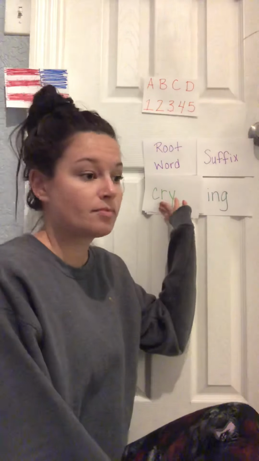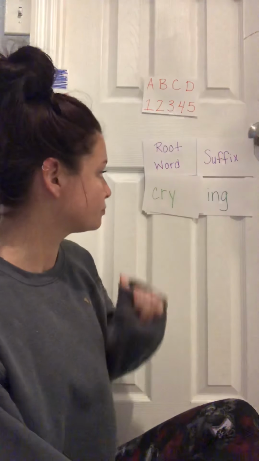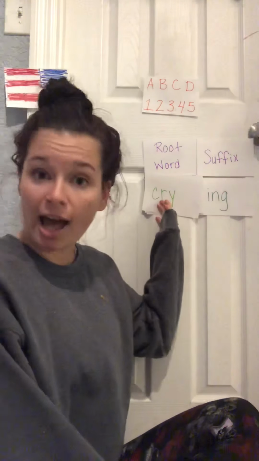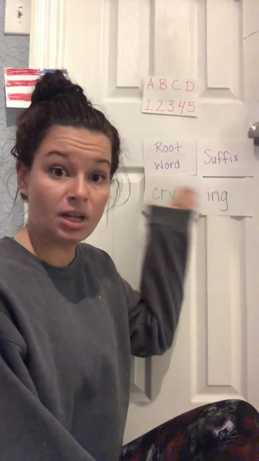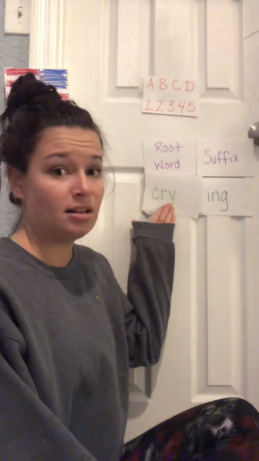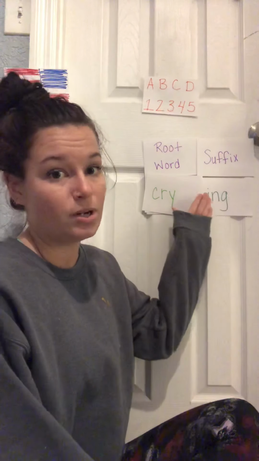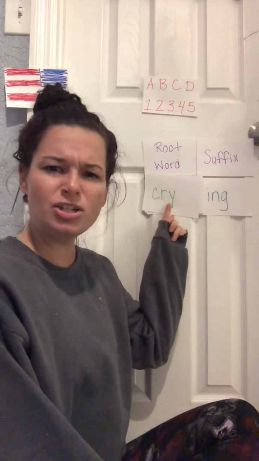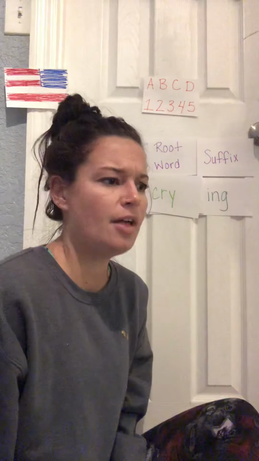I don't want to see my students cry. But now I'm going to add the suffix ing. Crying. My student fell and now they're crying. When you add the ing, it changes the word a little bit. I don't say when my student fell, they cry.